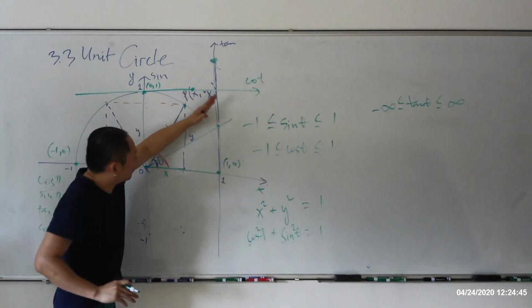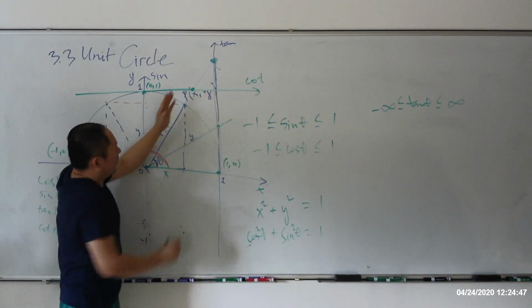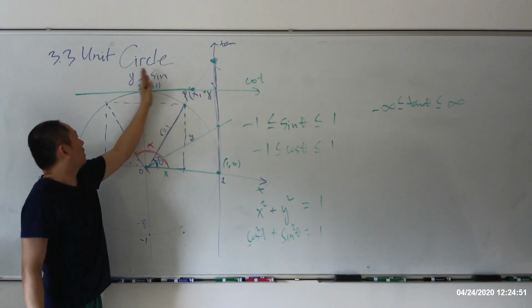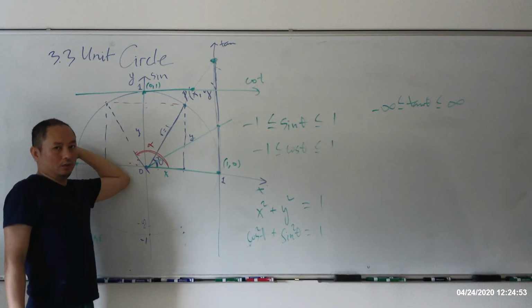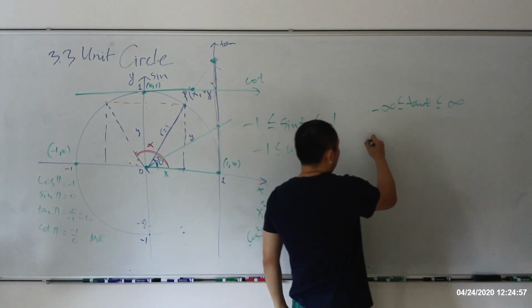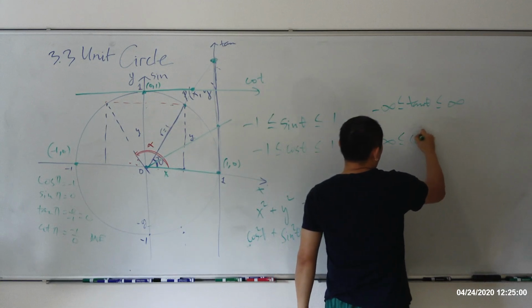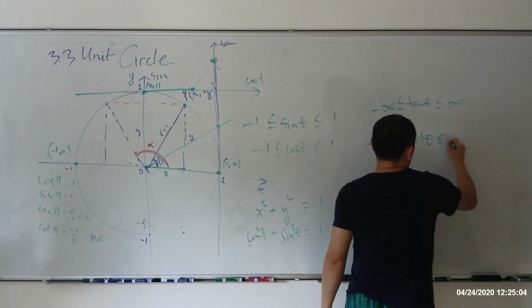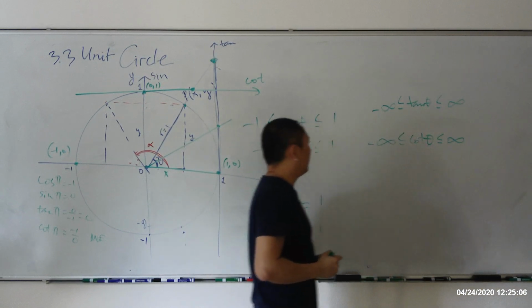If the angle gets close to 0, the cotangent point is going to go far away to the right, to infinity. The angle getting close to pi, then it is going to go to -infinity. Alright? Same thing, -infinity less than or equal to cotangent theta less than or equal to infinity.